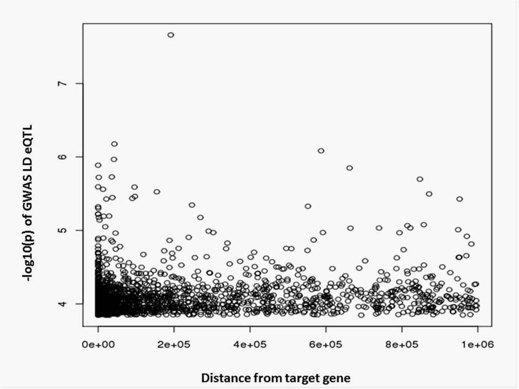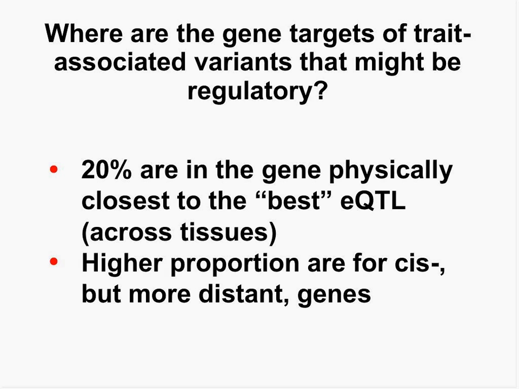And as Luke noted, there's a substantial number that are quite distant. But the key point is really that only a small proportion are really hitting the most obvious gene that people sometimes annotate to the SNP.